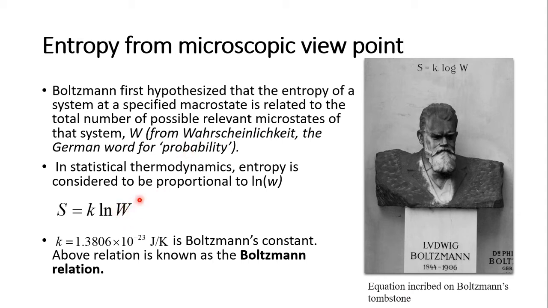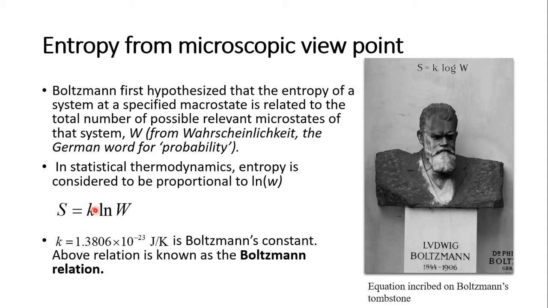In statistical thermodynamics, entropy is considered proportional to log W. So entropy S is proportional to log W. When you remove the proportionality sign, you get a constant K. So S is equal to K log W. What is this W? It is the total number of possible relevant microstates. How to calculate this, we are not going into detail in this subject. That is the part of statistical thermodynamics.